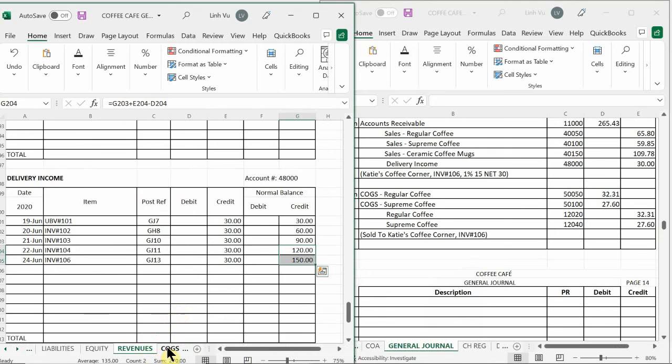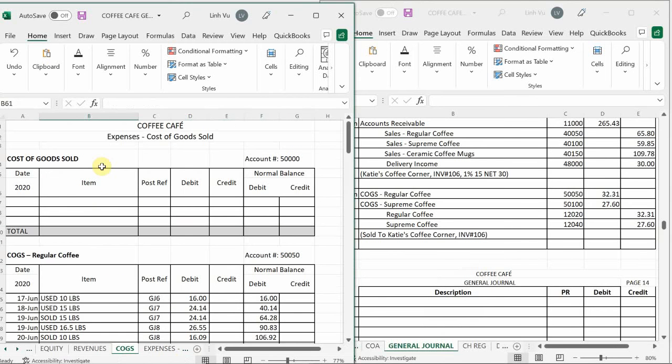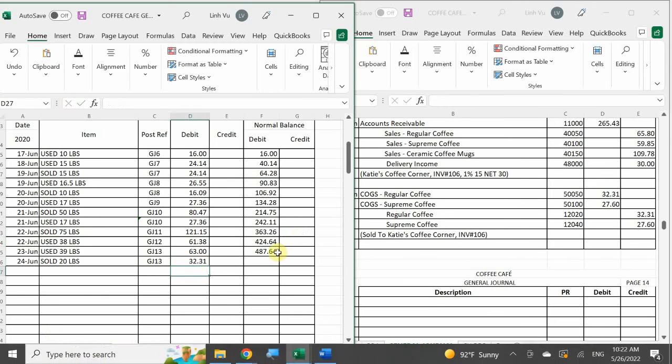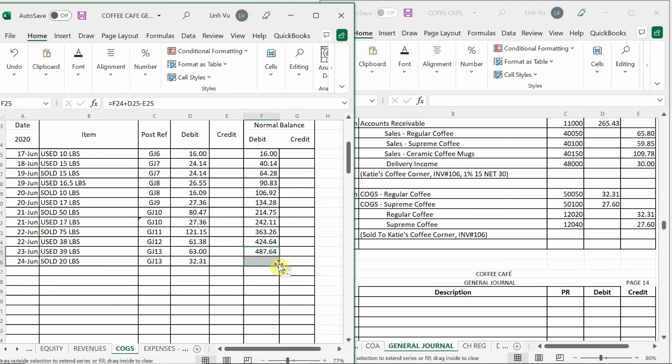Okay. Starting with the cost of goods sold. We sold 20 pounds to Katie for 32.31. So that should give you $519.95.